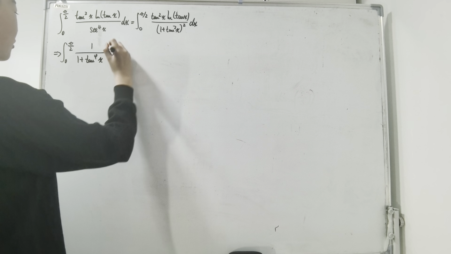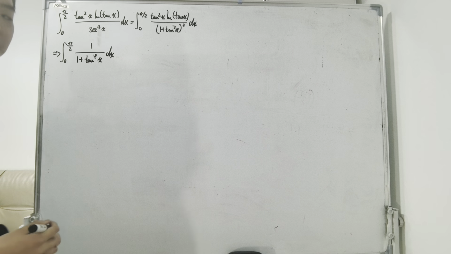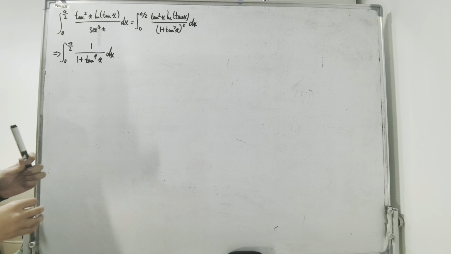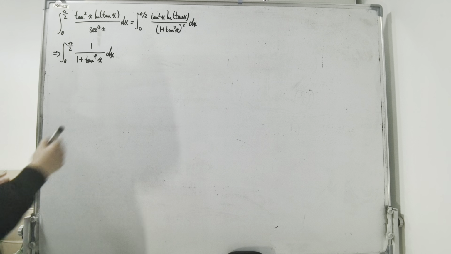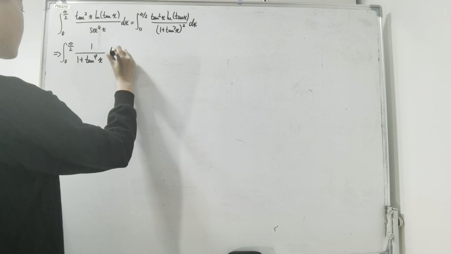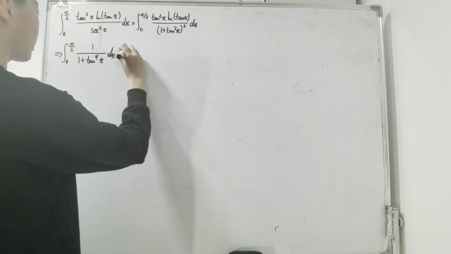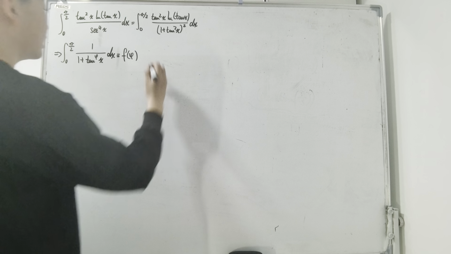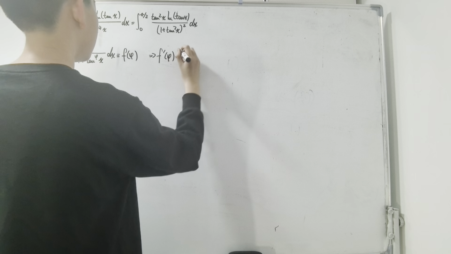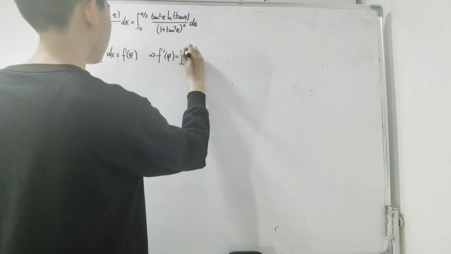Point is, I was dealing with this sort of integral right here, and my thought process was to differentiate it. If I define this as some function f in terms of phi, then f prime of phi is equal to the integral from 0 to pi over 2.